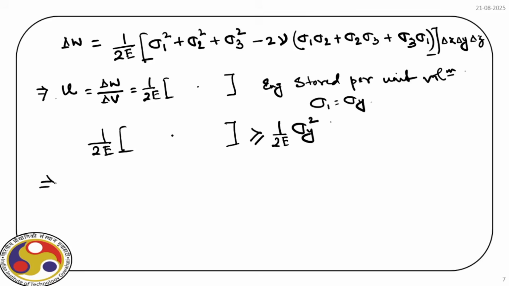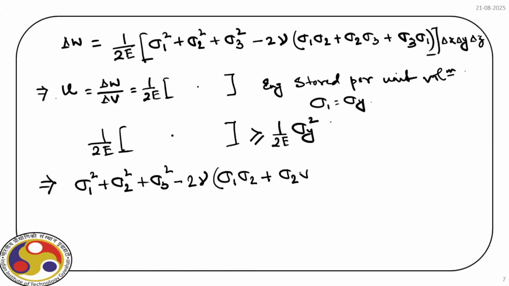Or in other words, the condition that we get is sigma 1 square plus sigma 2 square plus sigma 3 square minus 2 nu within bracket sigma 1 sigma 2 plus sigma 2 sigma 3 plus sigma 3 sigma 1 is greater than or equal to sigma y square.